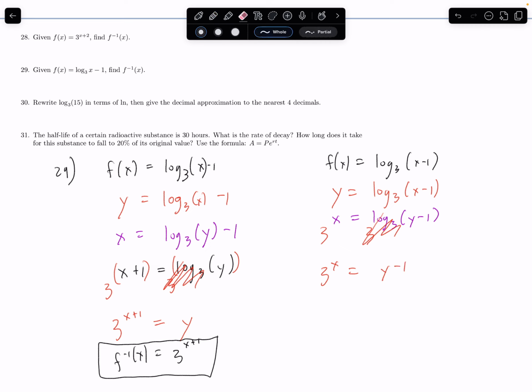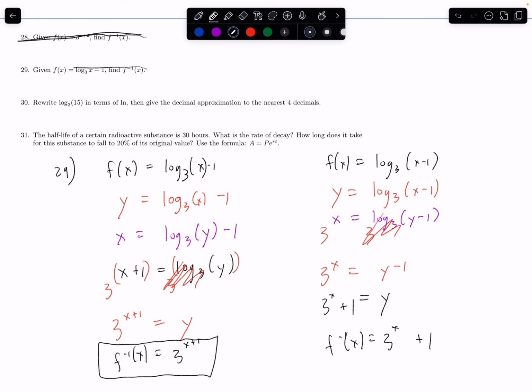So then, adding 1 to both sides, I get y is equal to 3 to the x plus 1. And then that would mean the inverse function would be 3 to the x plus 1. So the only difference is where that plus 1 ends up, right? If it's part of the exponent or on the outside. That was 29.